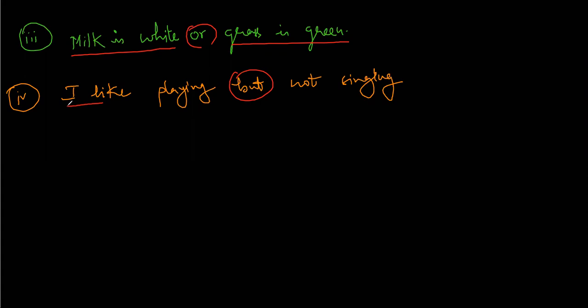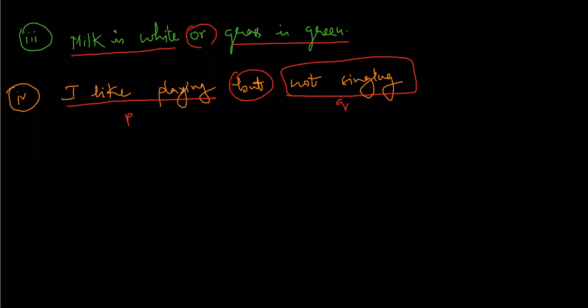So "I like playing" will be P, and "not singing", that is, "I do not like singing", will be Q. But don't write Q as "not singing", please. This much English knowledge we all should have.